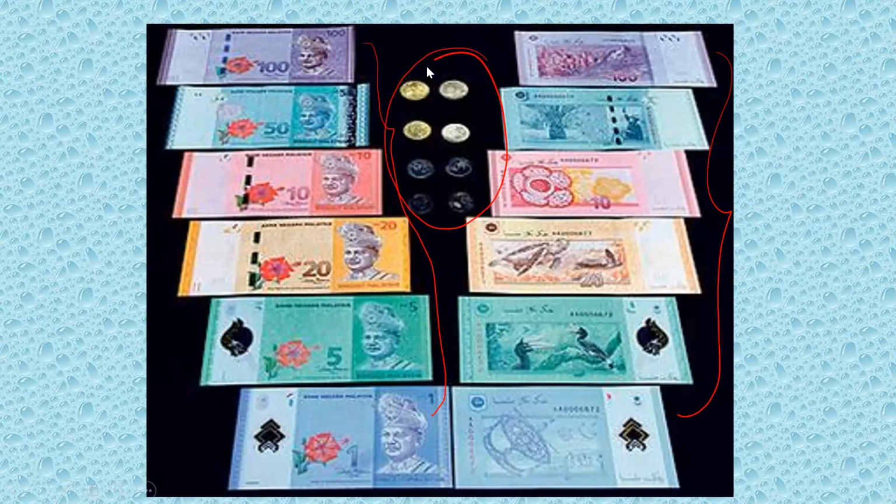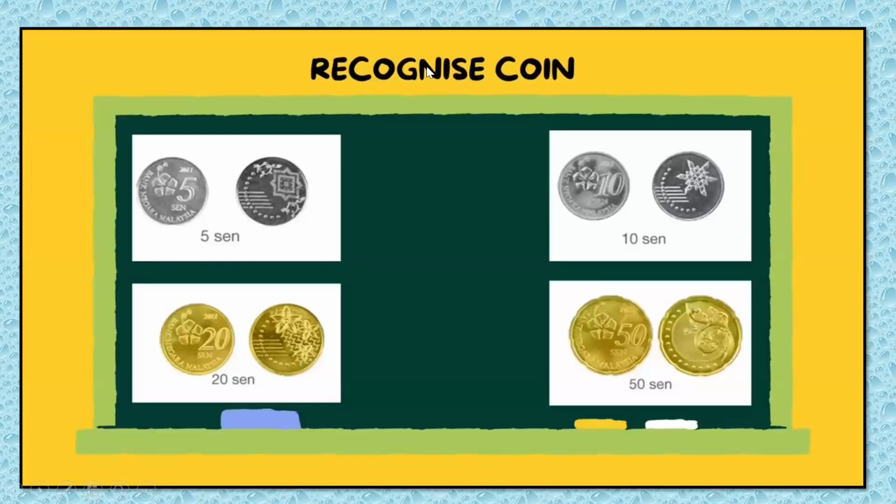Okay, dear children, let's move on to today's topic. As the teacher mentioned earlier, that is recognizing money. First of all, teacher is going to teach you how we recognize coins. These are examples of coins, right, class?